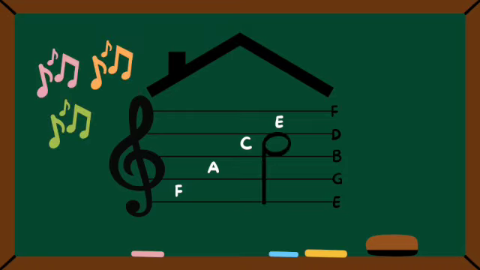Here are a couple examples. So we have a half note on the staff and it is in the space. This note is C and you would play a C on the piano. Here, the note moved down to the line below. This line is B, so you would play a B on the piano.